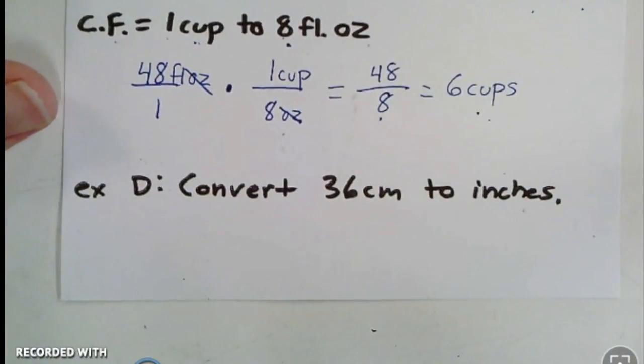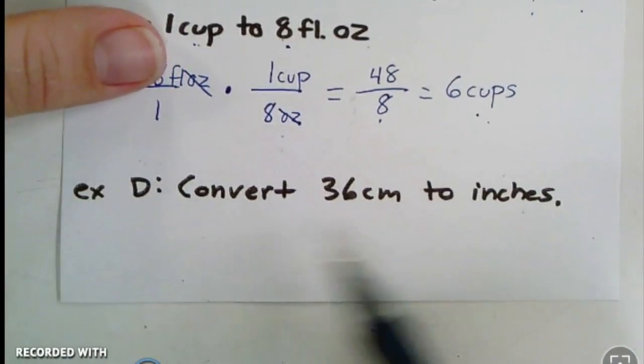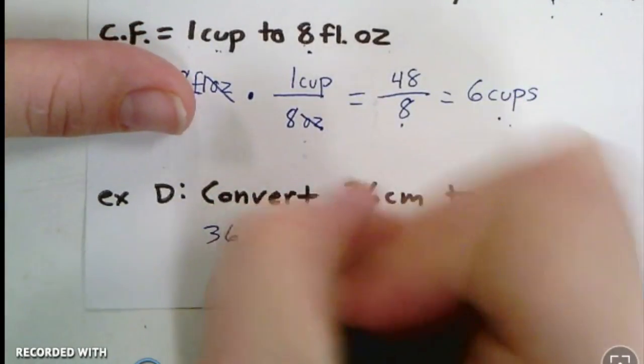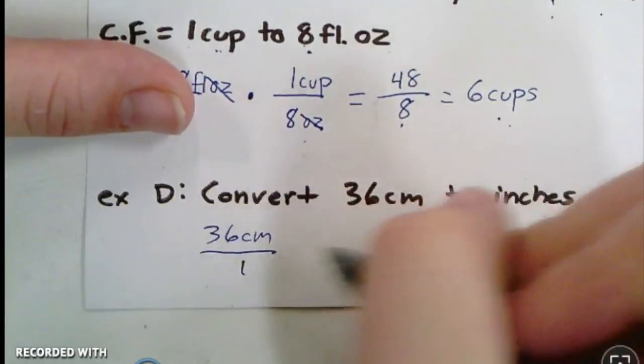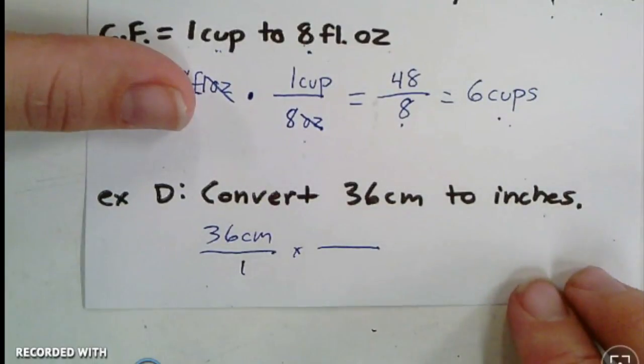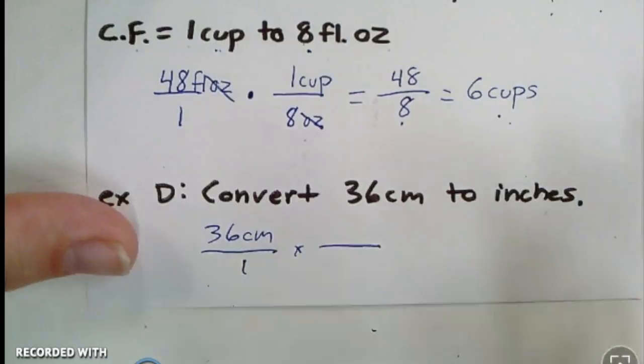All right, our last example here, this is just a review one. Convert 36 centimeters to inches. We can also use this to go between different systems. So 36 centimeters over 1 times, what is the relationship between inches and centimeters? I'm going to cheat and look in a chart that tells me, and I find out that 1 inch is 2.54 centimeters.